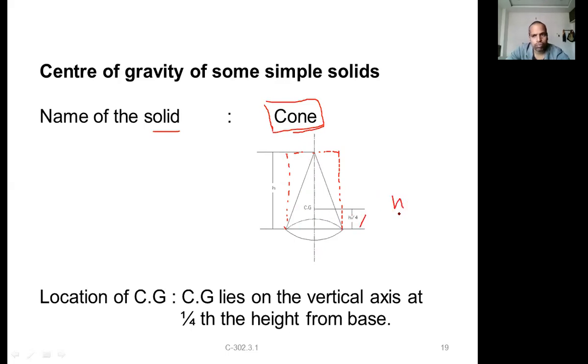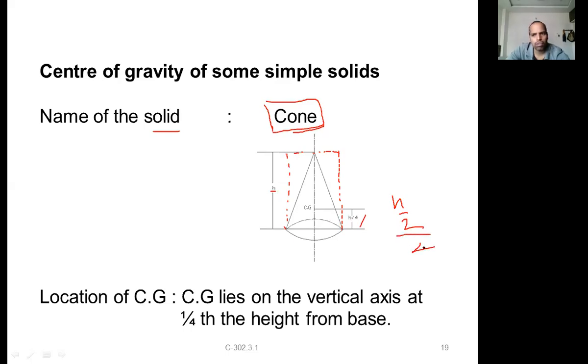Previously it was h by 2 in the case of the cylinder. But in this case, if both have the same height, the CG shifts downward and will be h by 4, not h by 2.